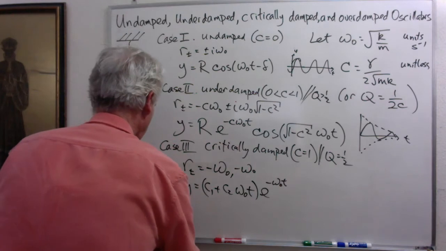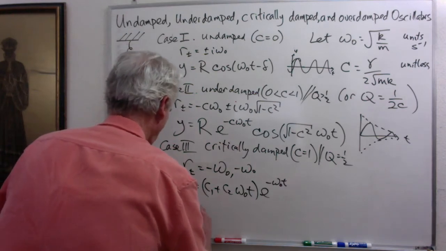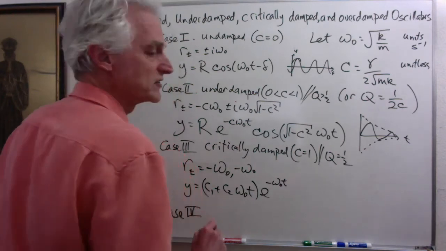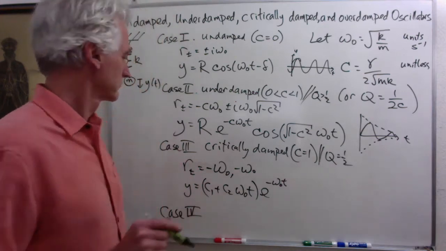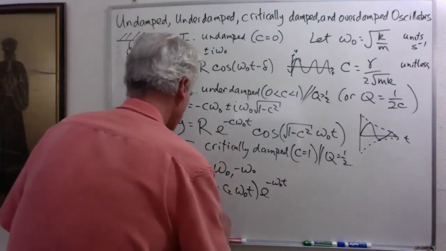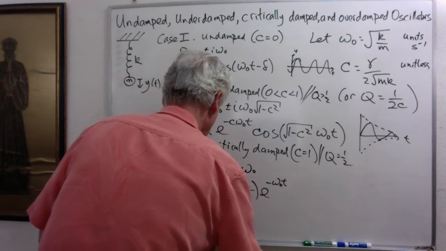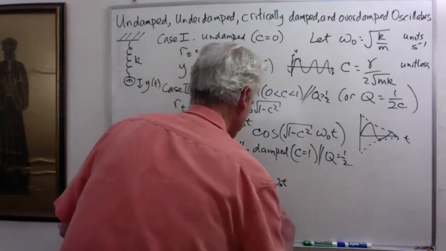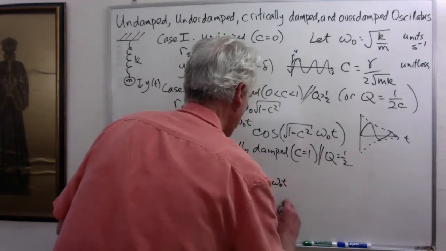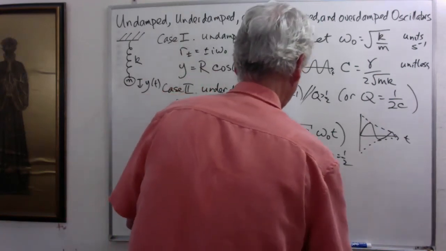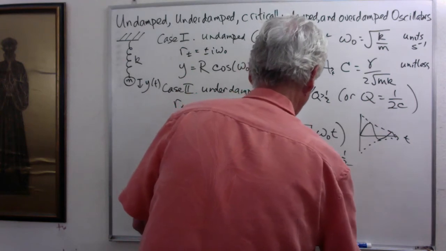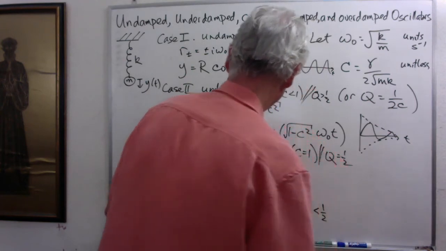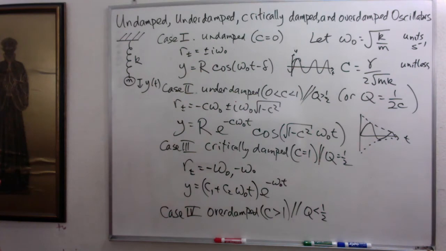Okay, so then we have case 4. This is, what is it? Overdamped. This is c greater than 1. And if I do that with q, this is q less than a half. All right.